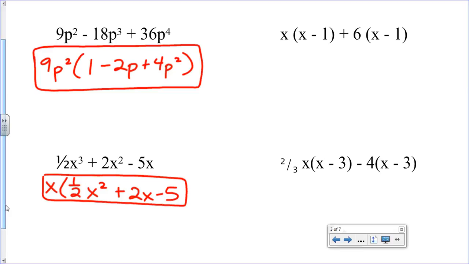X minus 1. So I'm factoring out x minus 1 just like I would these other two. So that comes out. I have to put it in parentheses, though, because I want it to stay together. And when we factor out a GCF, we put what's left in parentheses. Okay? So what I have left from my first group is x.